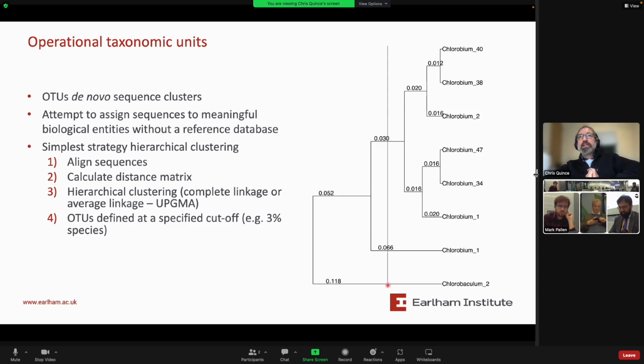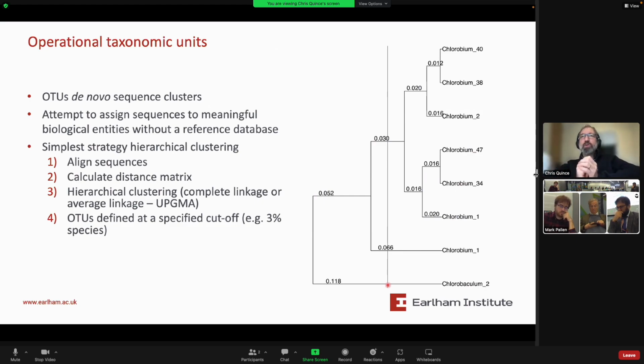Typically, 3% is considered to be equivalent or close to species, although if you think about the full length 16S gene, it probably comes down to more like 1.5%. But on a variable region, 3% generally is a good approximation to species. You won't expect your OTUs to exactly match onto species, and in a way, it doesn't matter.